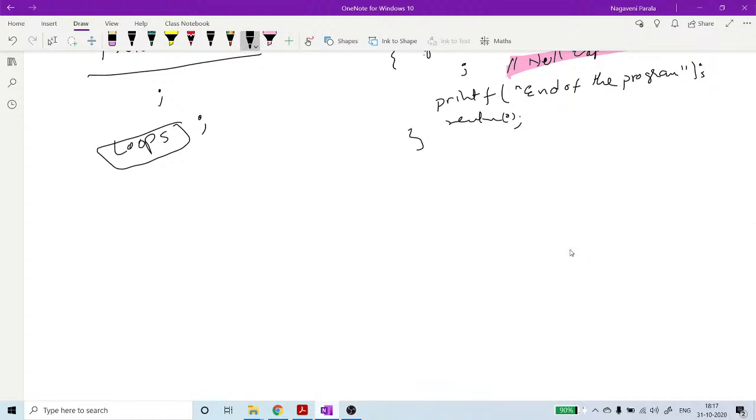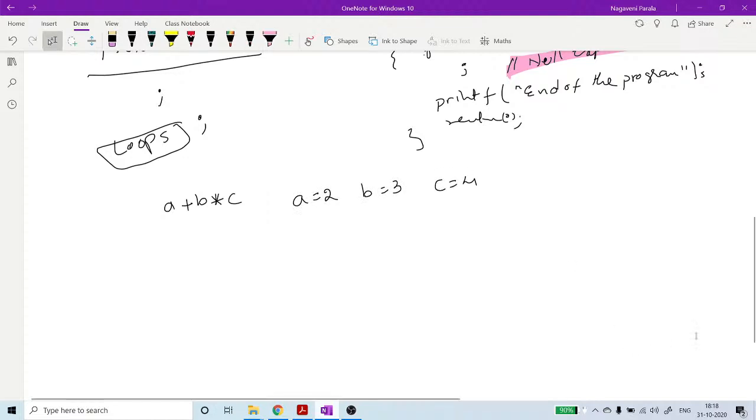So I'll give a small expression, a plus b star c, and you try to evaluate it. I am supplying the value of a as 2, b as 3, and c as 4. So now it's time to put it in the chat.